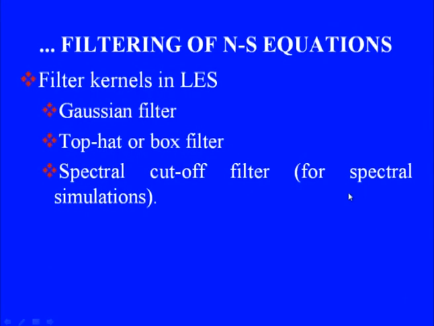Now, some of the popular filter kernels in large eddy simulation are the Gaussian filter, the top hat or box filter, which essentially is linked to our mesh size, and if you are working with a spectral simulation, that is to say our numerical simulations are being performed in a spectral domain, we can also use a spectral cutoff filter.